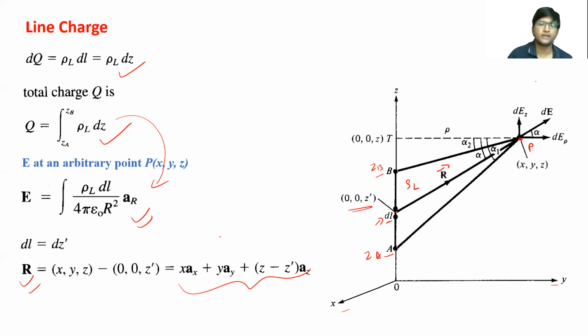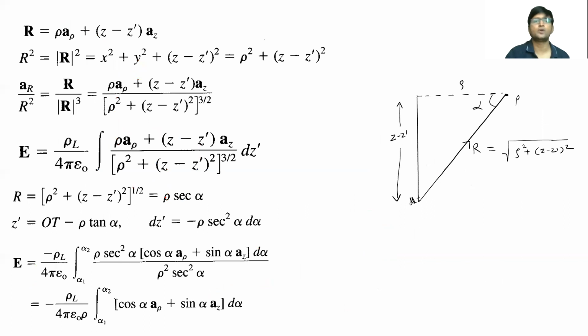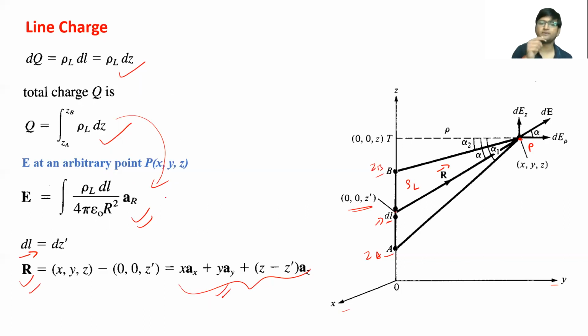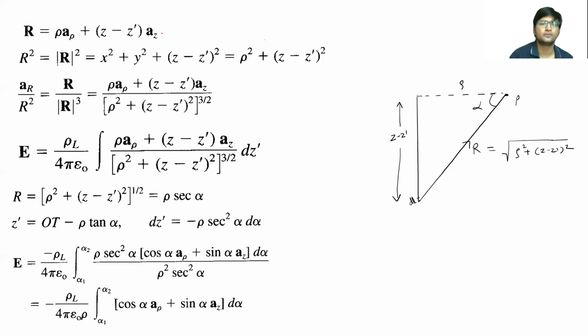So what I will do is convert this vector R. This is a vector, right? Don't confuse it with the magnitude. So it is a vector R. We will convert it into cylindrical coordinates. If you revise the first unit about the coordinate systems, you can directly convert this in the form of this. So you will get this. If you don't remember this, you have to go back and revise.